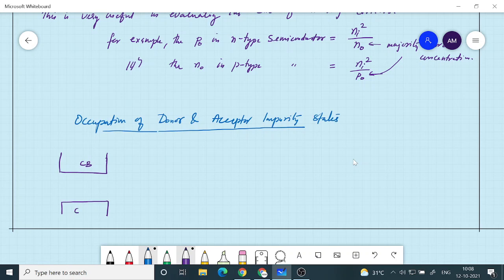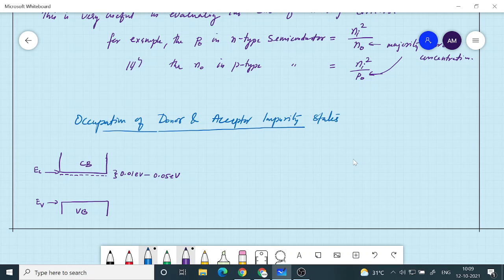When I add the donor impurity, I am introducing some state just below, very near to the bottom of the conduction band, which I call EC. The top of the valence band I call EV, and this difference is about 0.01 electron volt to 0.05 electron volt. It's very near. Maybe if I accurately draw it, it will not even show this much difference. It is very close.